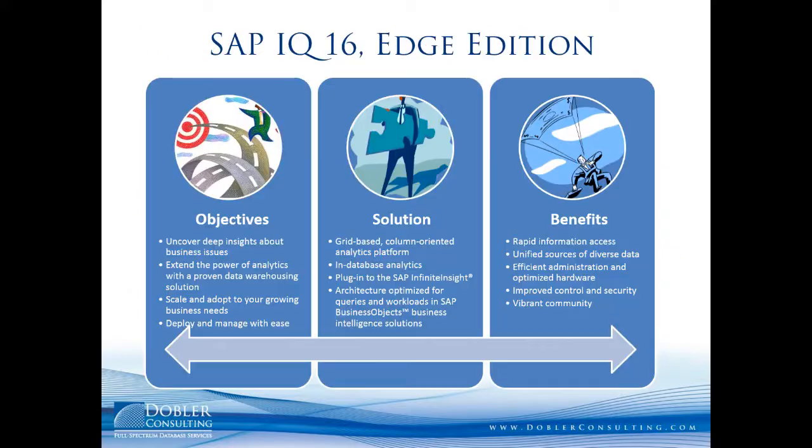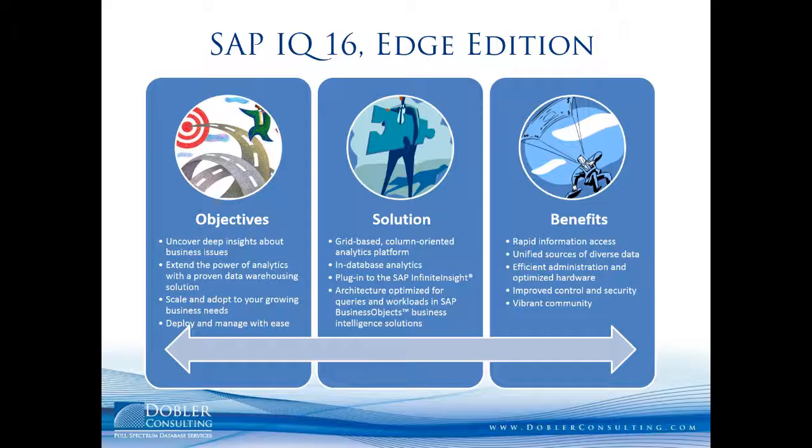So looking at that, if you move forward into the Edge Edition, what do you actually want to achieve? If you look at it a little bit holistically, we already talked about, from Andrew's introduction, what Edge Edition is, what IQ is.